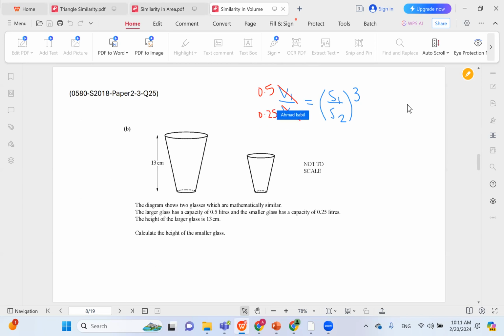The larger side is 13, as given in the drawing. You can see that the height of the larger object is 13. And you want the height of the smaller object, which is x. So we rewrite the equation 0.5 divided by 0.25 equals 13 over x to the power of 3.